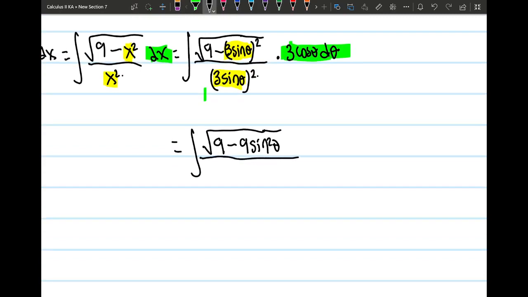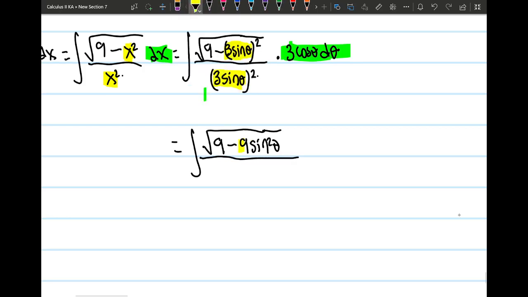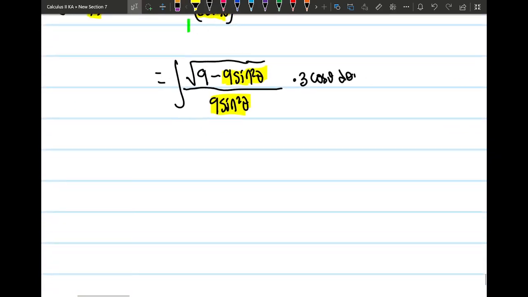And then, let me just make sure everything is aligned. This is what I put in for that. And on the bottom, I'm going to put the same thing, 9 sine squared of theta, right? So that's what we have on the bottom. And then times 3 cosine of theta d theta, okay? So now we have to just simplify this.